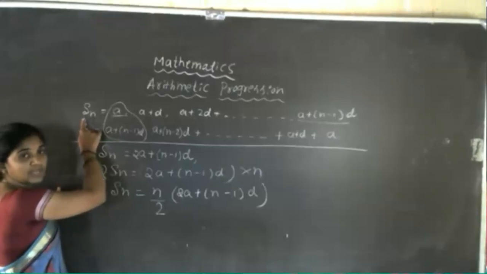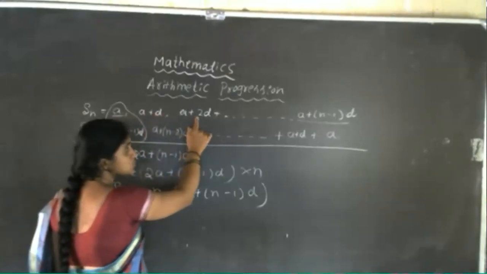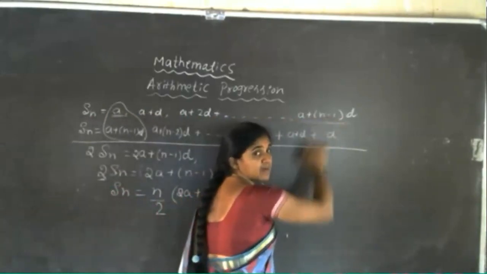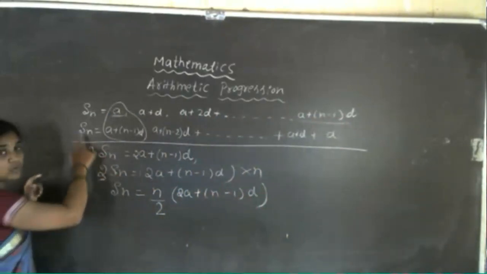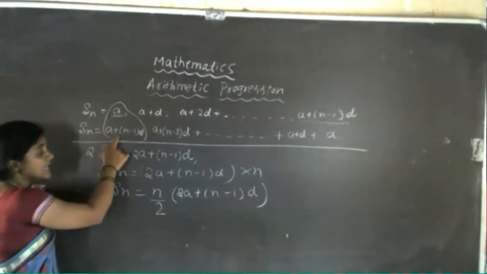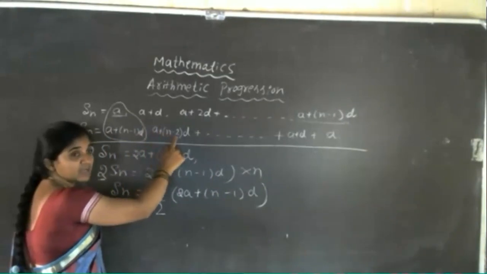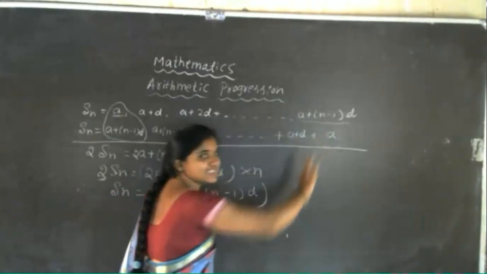First you have to take Sn is equal to a plus d, a plus 2d, so on up to the last term, a plus n minus 1 into d. Next, in the very next step, you have to take the reversing order of that. Sn is equal to, last term is a plus n minus 1 into d, then a plus n minus 2 into d, then so on up to the last, a.